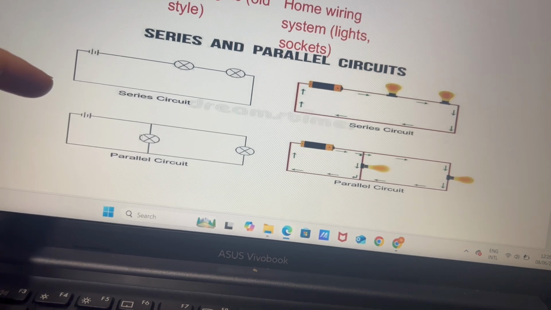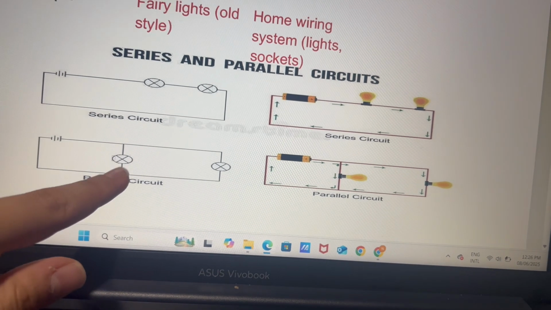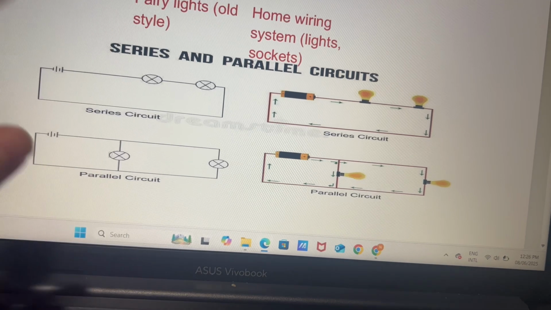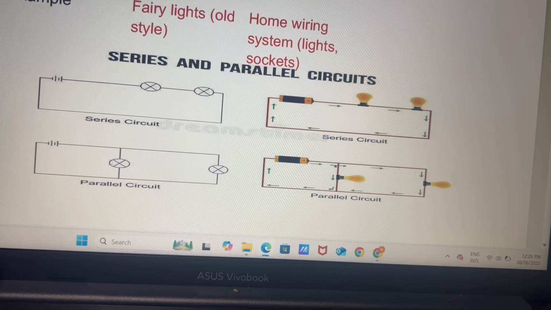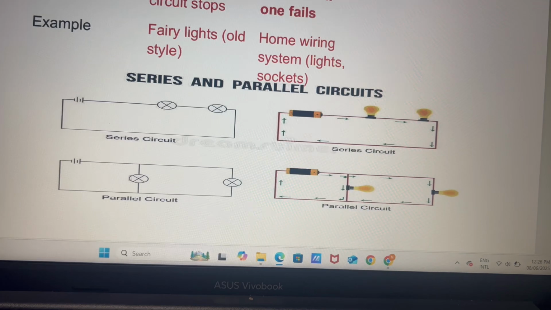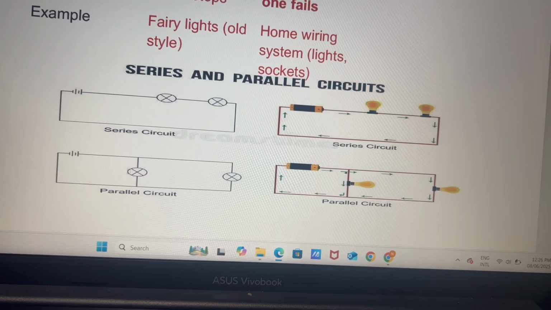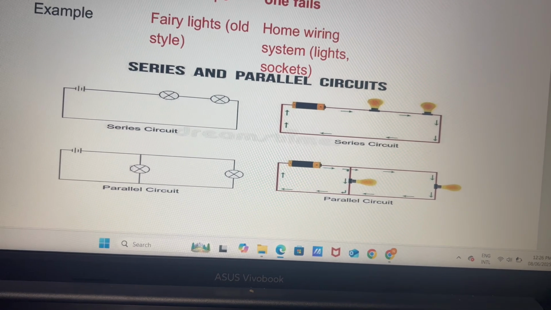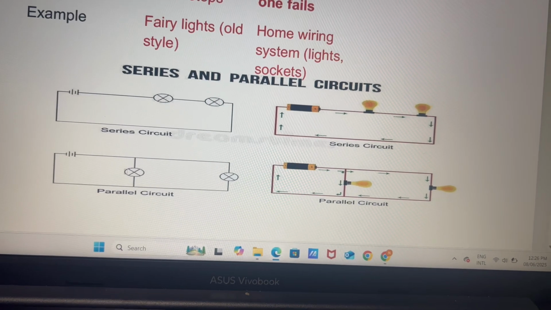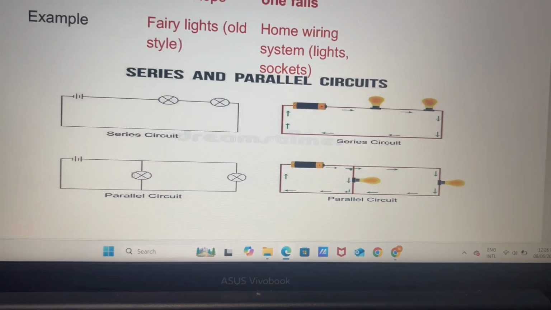That's why it does not get affected. If this bulb fails or breaks or whatever, the other bulbs will remain perfectly working, because everyone has its own path and the voltage does not get divided. The voltage is the same everywhere in the whole circuit.